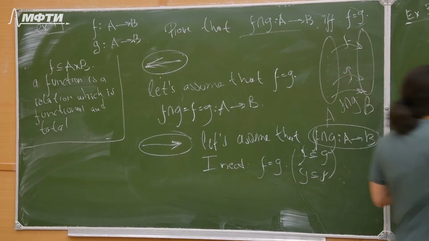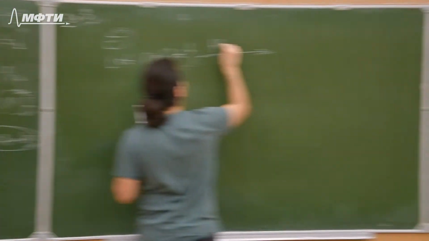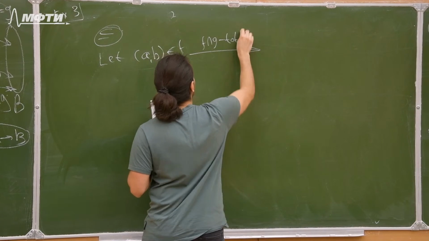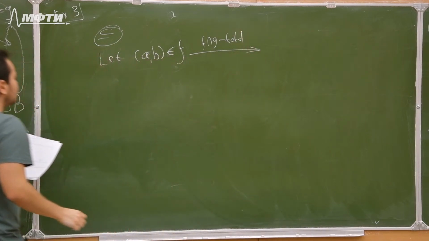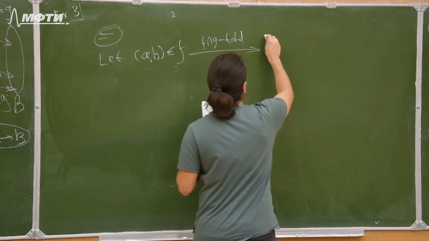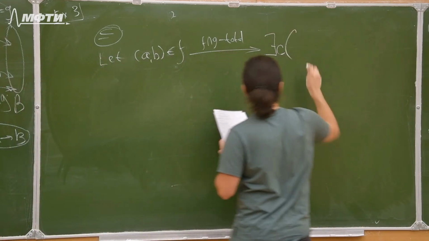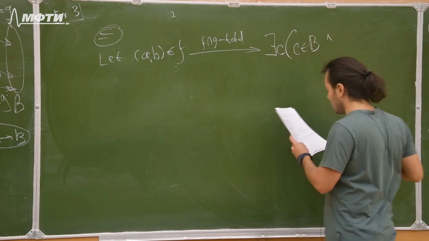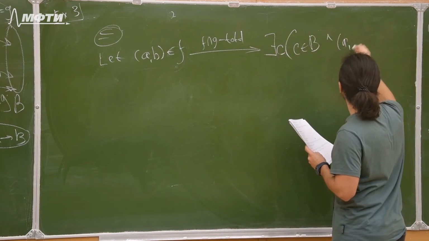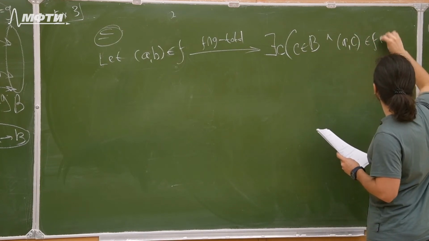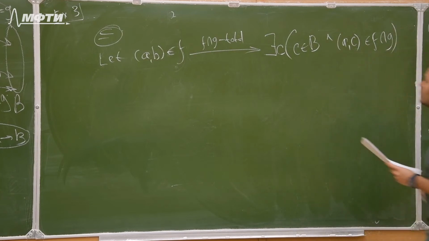So since the intersection of f and g is total, it means that there exists some c in B such that (a, c) is an element of f intersection g.